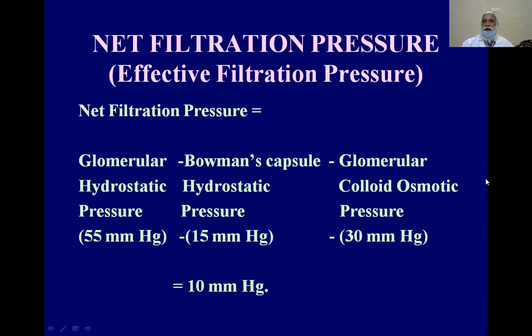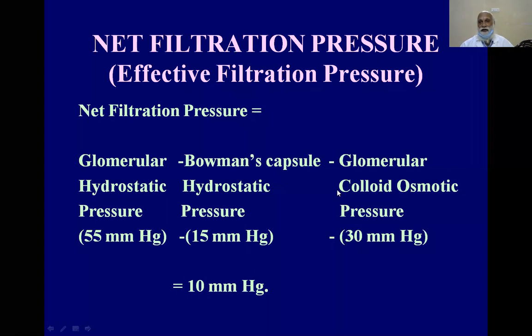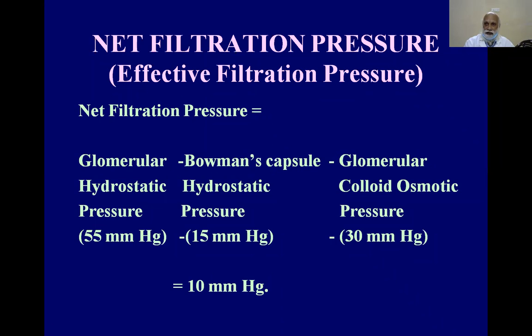So that is not mentioned here. And what is the function of this colloid osmotic pressure? If there is an osmotic pressure, it retains the fluid. So the colloid osmotic pressure is retaining the fluid, while glomerular hydrostatic pressure is trying to drive.